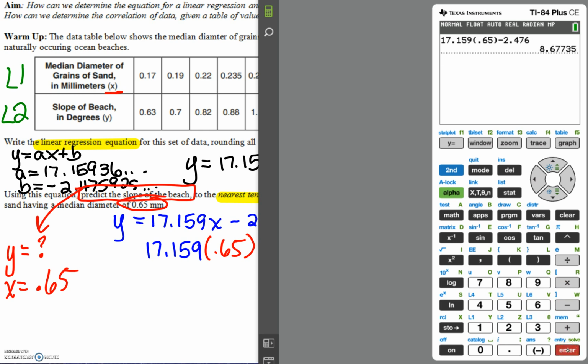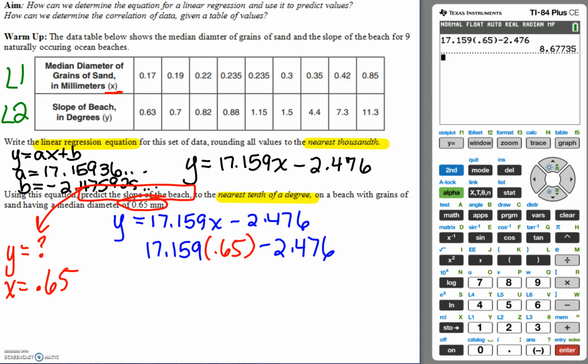And when I enter, I get 8.67735. It did state for this part to round to the nearest tenth. So I'm looking at the second number after the decimal. It's a 7, so I'm going to round my 6 to 7. So our answer is 8.7.